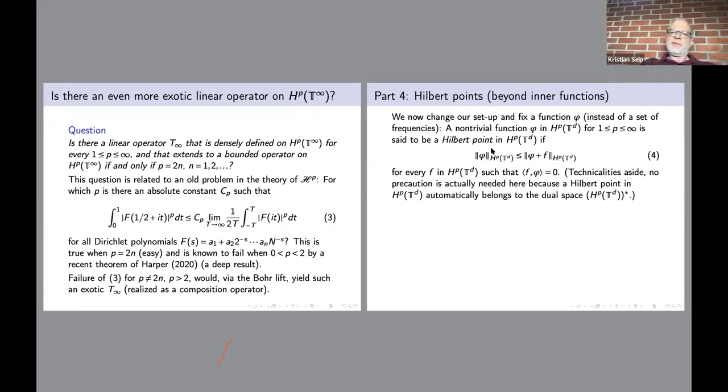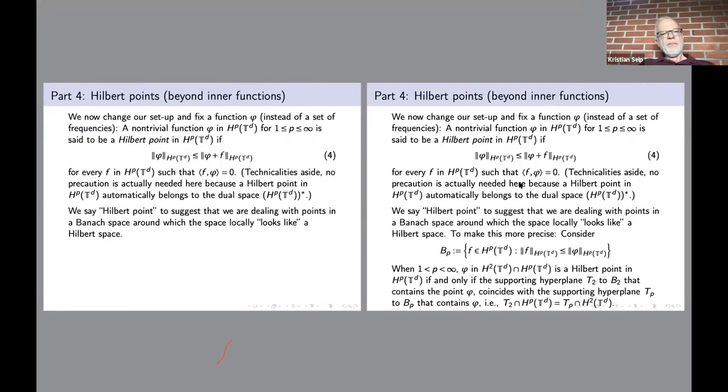We have a situation which is what we're used to if P is equal to 2, and I want this to hold for all P. So you could say that this is a very special kind of point in your Banach space, and around this point, the Banach space locally looks like a Hilbert space, because it has exactly the same behavior as you would expect your Hilbert space to have, and you can actually make more sense of it.